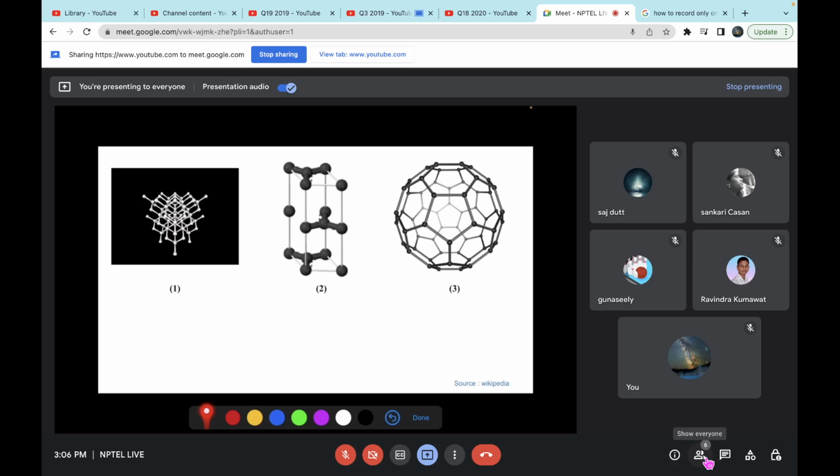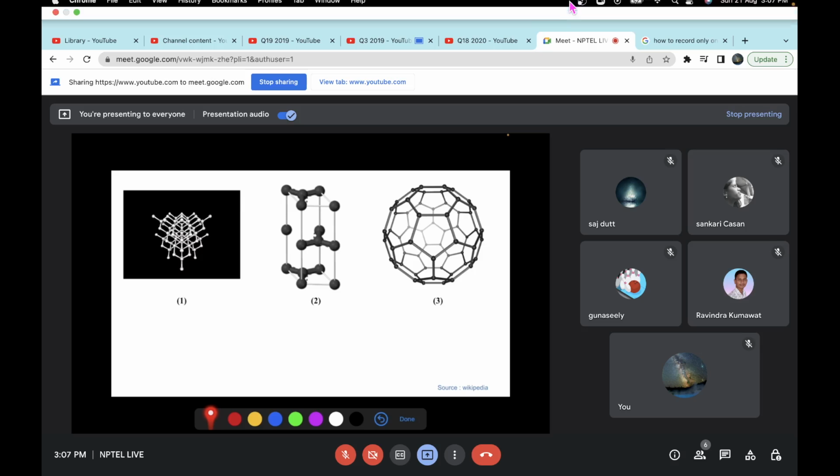The first is obviously the diamond structure, the second is for graphite, and the third one is for fullerene. For graphite we are given two different types, alpha and beta. We will discuss that in a further slide.